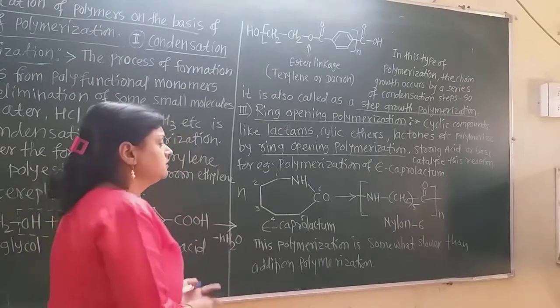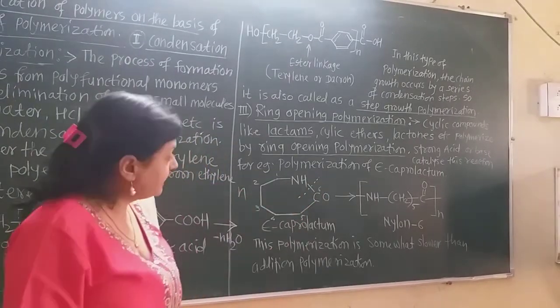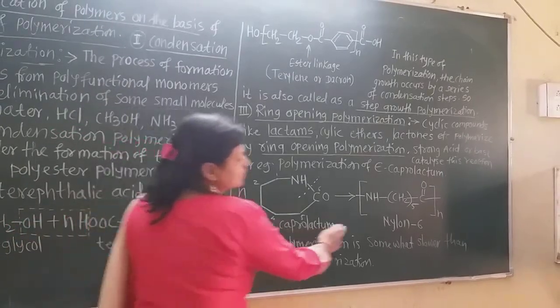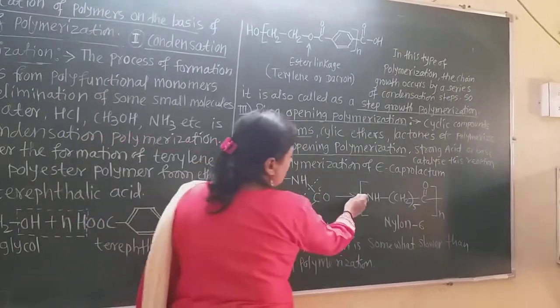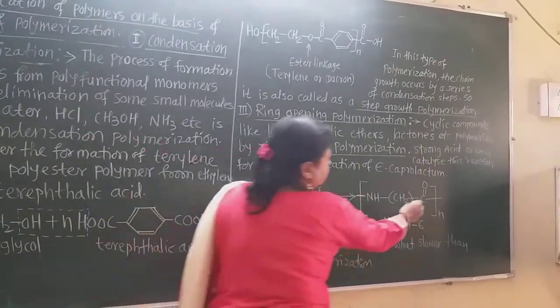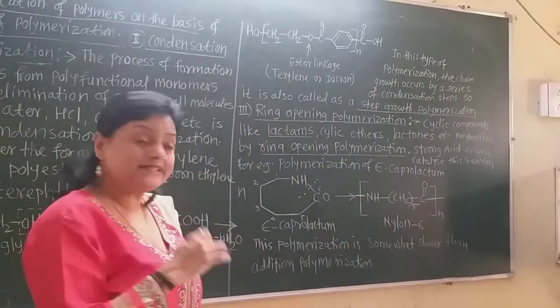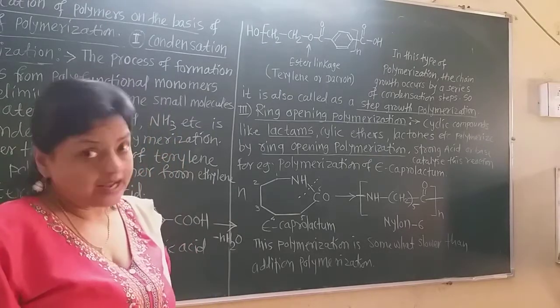Now here the ring gets opened, from the NH and CO bond. There is the opening of the ring. I take n number, and this bond of NH and this bond of CO get attached on both sides to many of these. That is nylon 6.